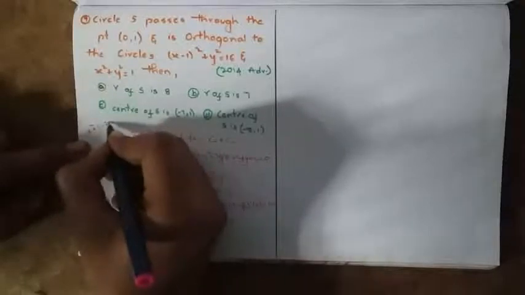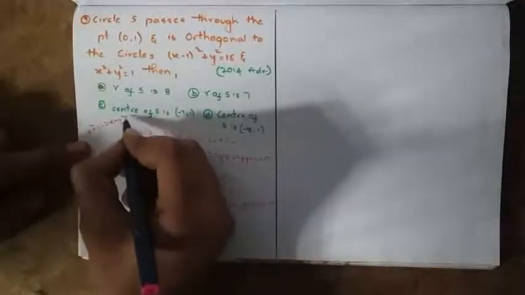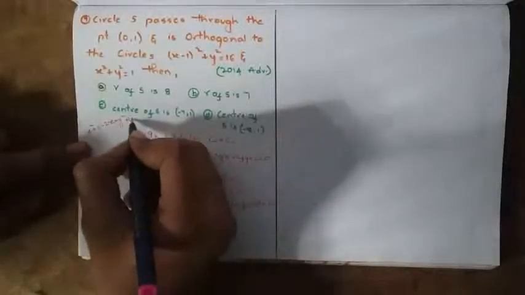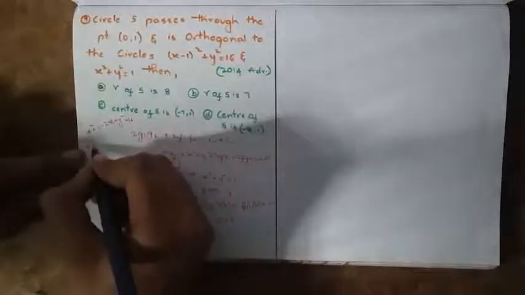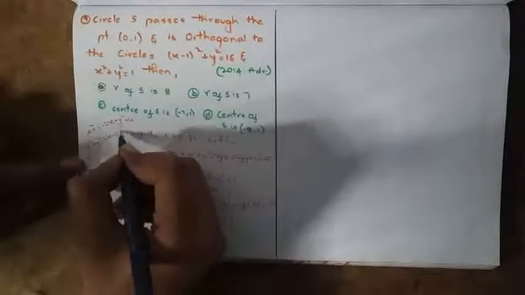Arey yaar, what have I done? See, this is radius, right? And I have taken it as constant. How stupid am I? See, convert this and you will get x square plus 1 minus 2x plus y square is equal to 16. X square plus y square minus 2x minus 15.